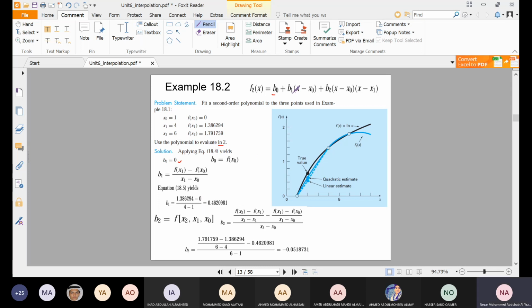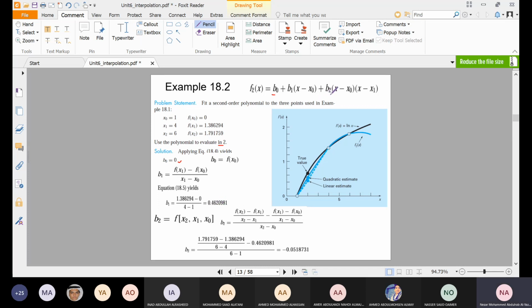If we take the values from the table and substitute, we find b1.